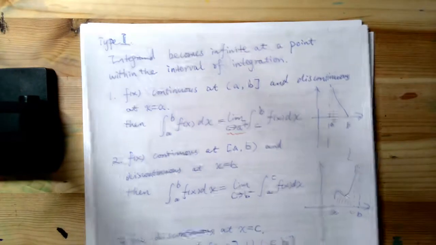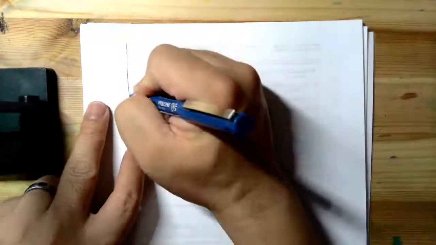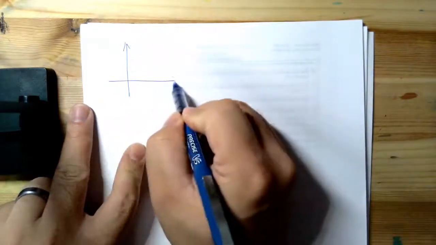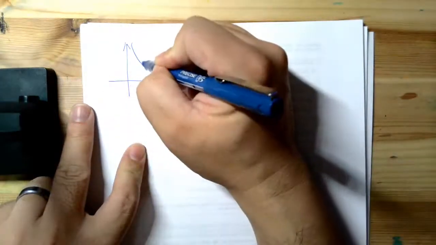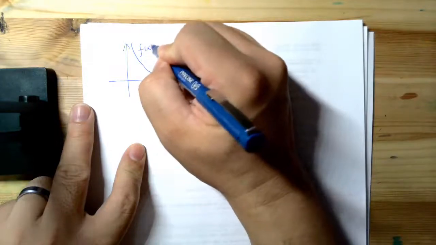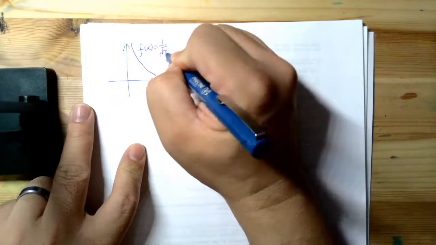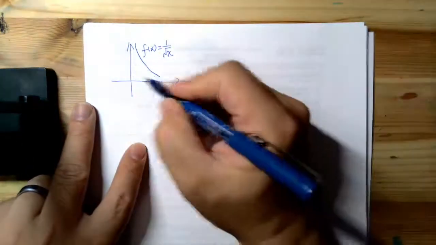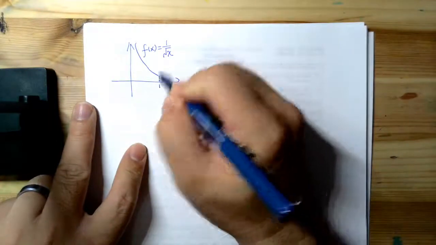Now let us look at one example. Suppose this is a graph of f(x) equals 1 over square root of x, and let me label this part as 1.